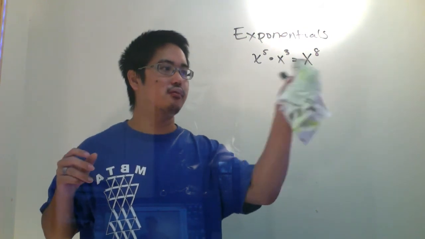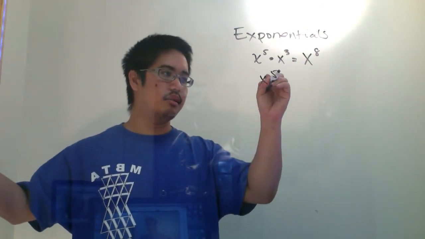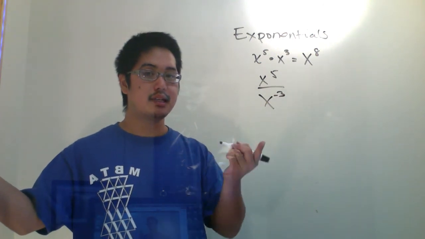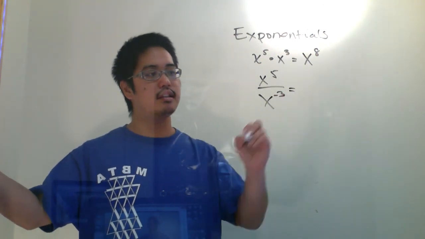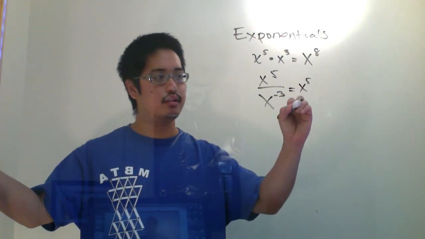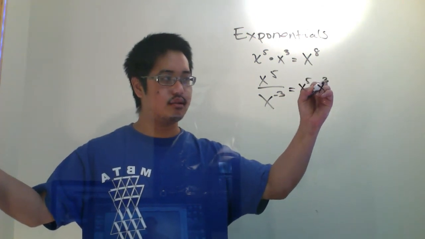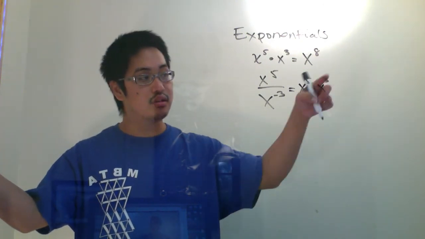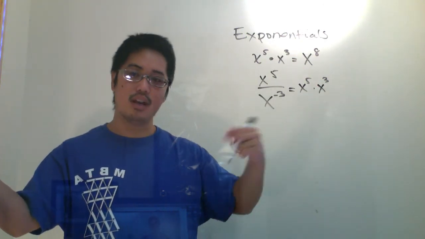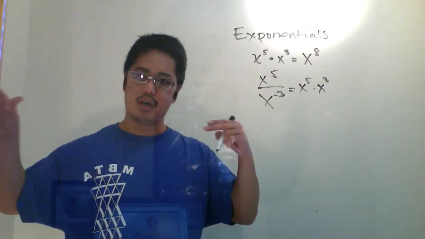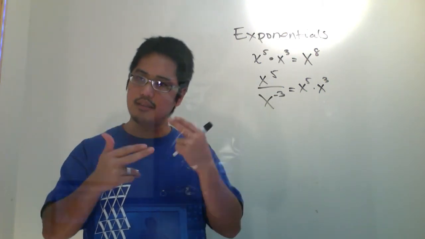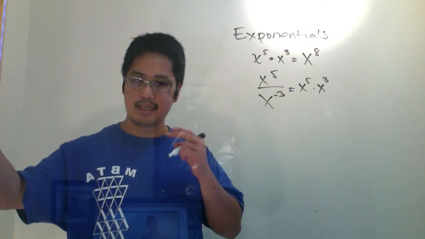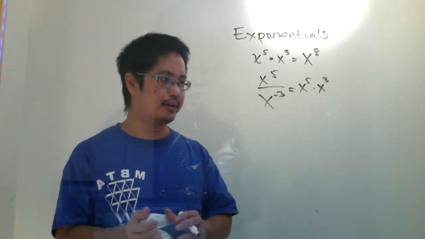For example, x to the 5th power divided by x to the negative 3 power is actually x to the 8th power, because this is x to the 5th power times x to the positive 3rd power, since I moved it from the denominator to the numerator and made it a positive 3 instead of a negative 3. Are we cool with this? This is familiar stuff, right? This isn't crazy stuff. This makes sense to you? All right, good.